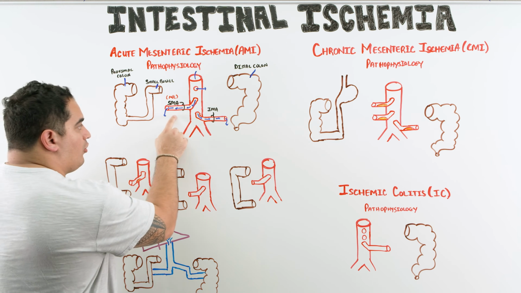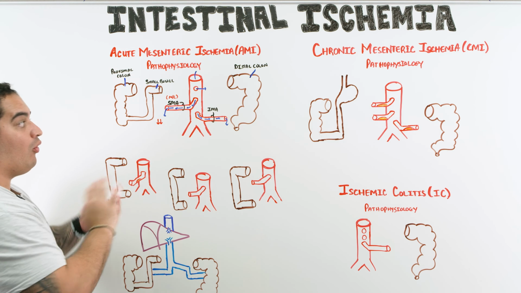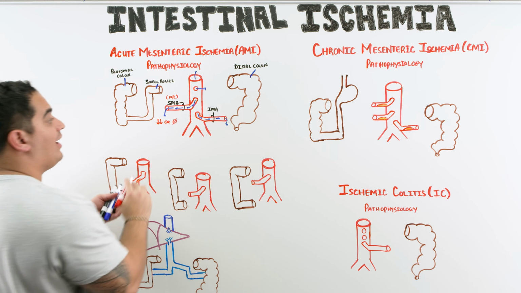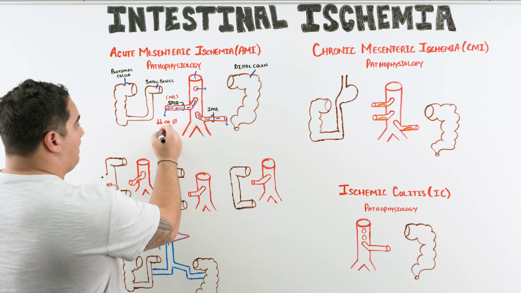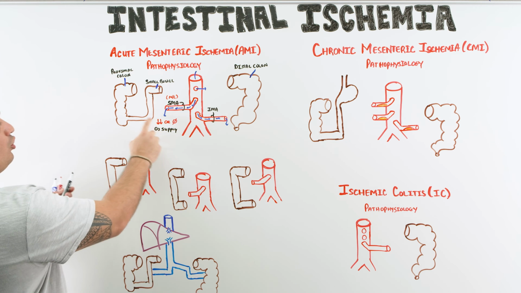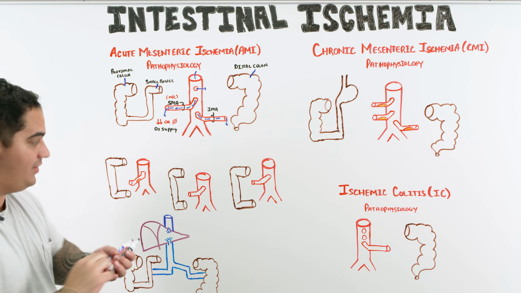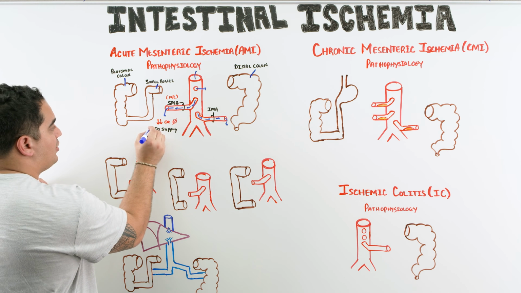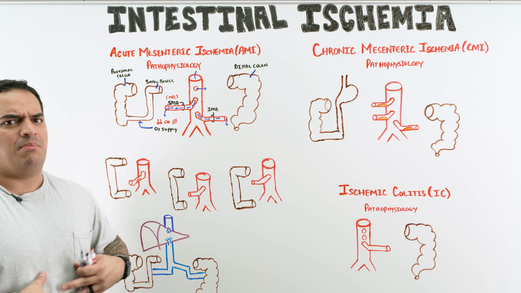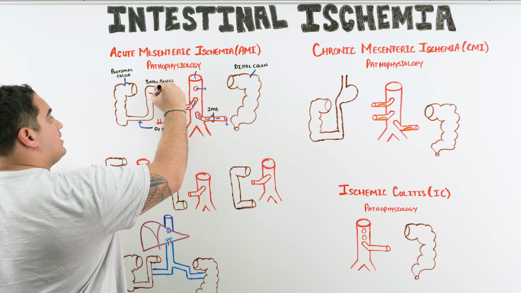Something in this artery is usually reducing, in some way, shape, or form, or in the worst case scenario, blocking off the oxygen supply. And if you block off the O2 supply to a massive part of your GIT, can you imagine the repercussions? Well, if you give very little oxygen supply to the small bowel, which is massive, and even parts of the proximal colon, this thing can start to develop ischemia.